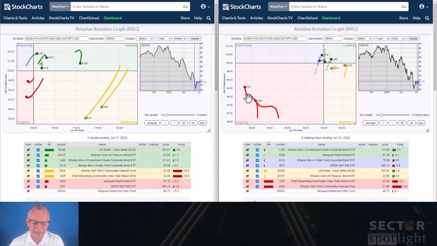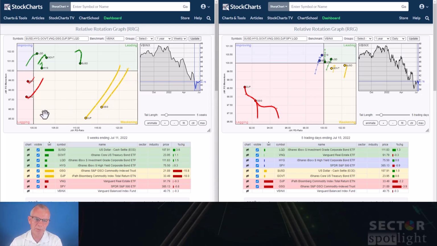Not much yet, but it's there and we've got to monitor that, because once you see GSG and DJP on the daily RRG start moving in a positive RRG heading, so a heading between 0 and 90 degrees, and even better, move into the improving quadrant, that will very likely have a positive effect on the direction of those weekly tails and potentially turn them around while still inside the weakening quadrant.